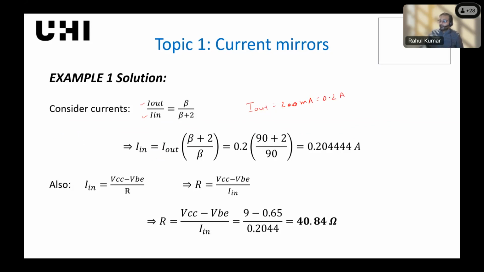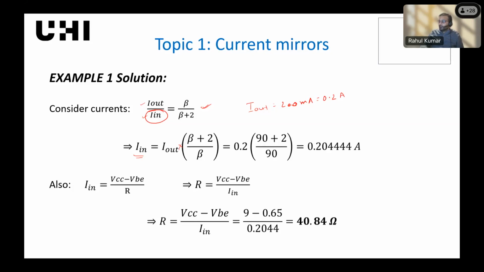If you rearrange this equation to find the input current, I in will be I out multiplied by beta plus 2 divided by beta.